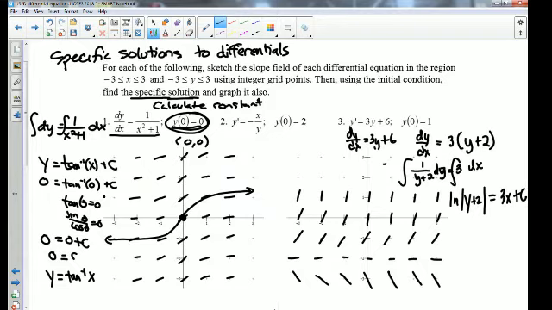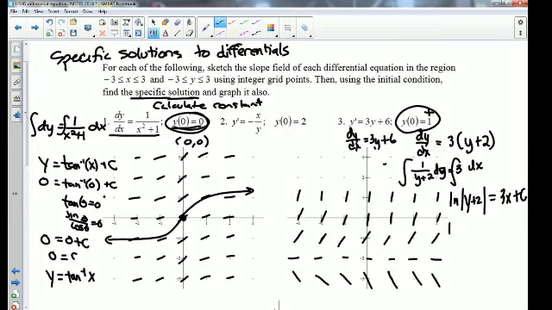Okay. At this point, you plug your initial condition in. And I can get rid of the absolute value now. Why can I get rid of absolute value? Because it's positive. If that were negative, I would have to do negative natural log.